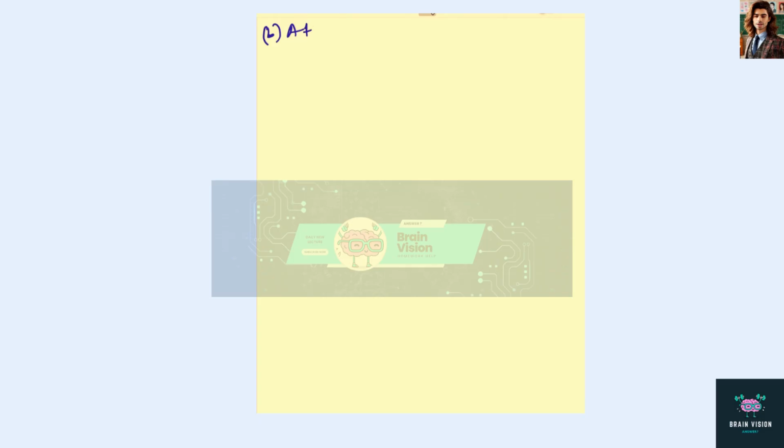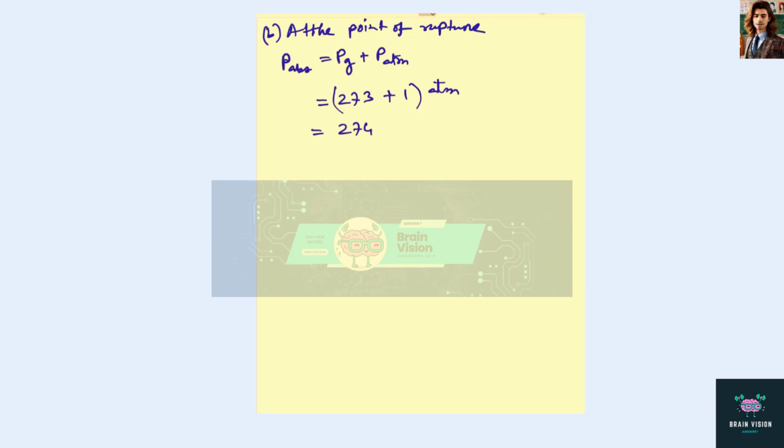Now at the point of rupture, the absolute pressure is the sum of the gauge pressure plus the atmospheric pressure. The gauge pressure is 273 and the atmospheric pressure is 1.